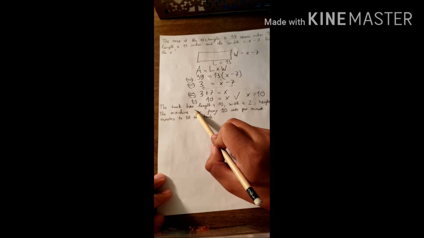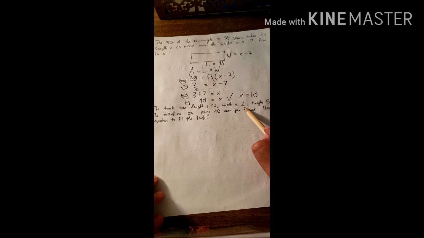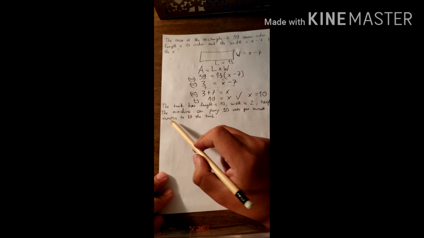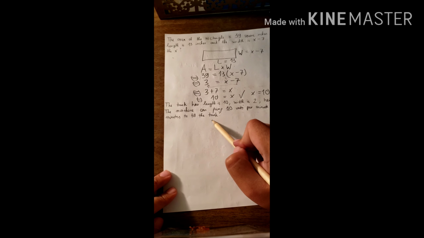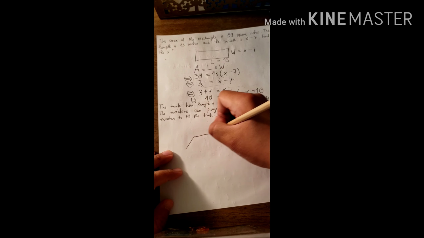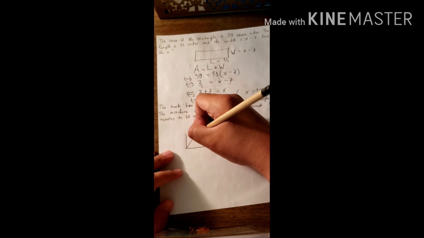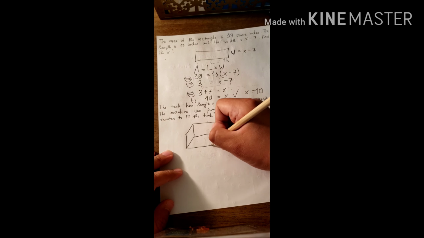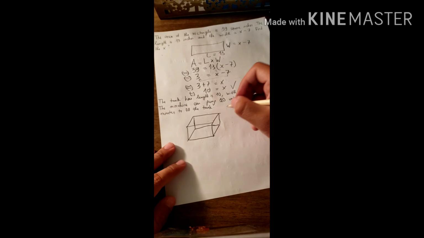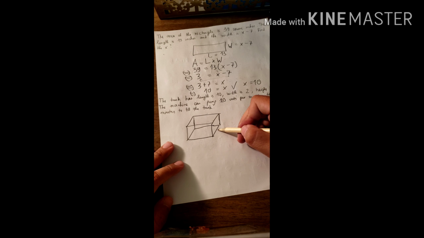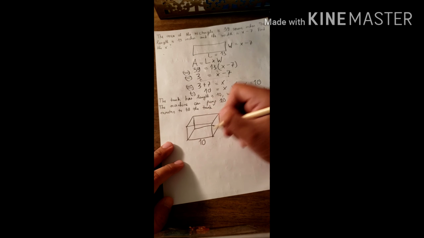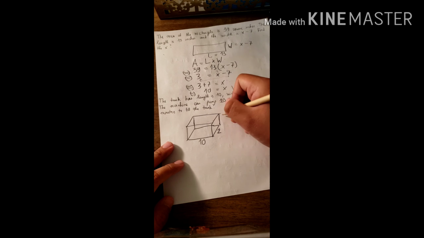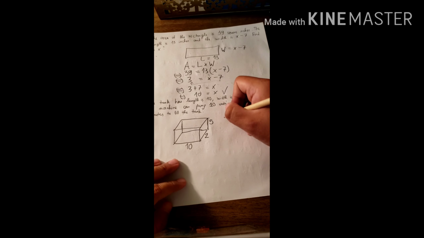The next one, let's see, the tank has a length of 10, a width of 2, and a height of 5. The machine can pump 10 units per minute. How many minutes to fill the tank? So we have the tank like this. That's a rectangular object. We have the length 10, the width 2, and the height 5. In here, we need to calculate the volume.